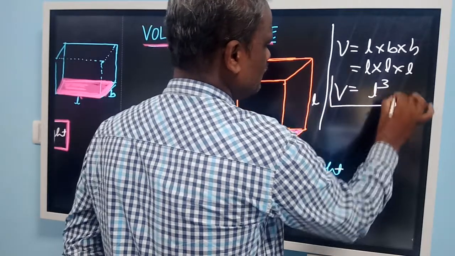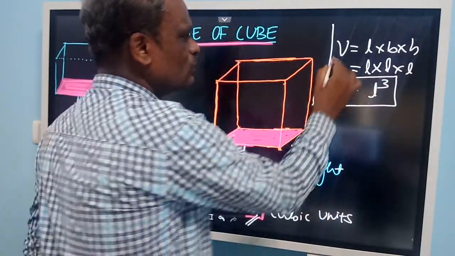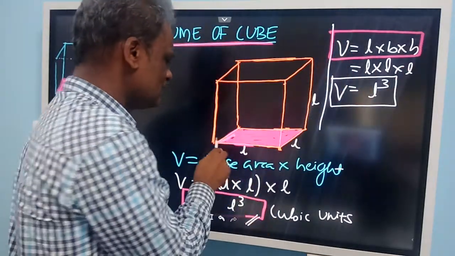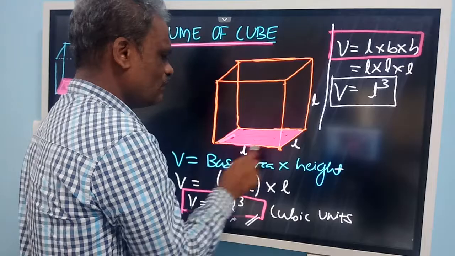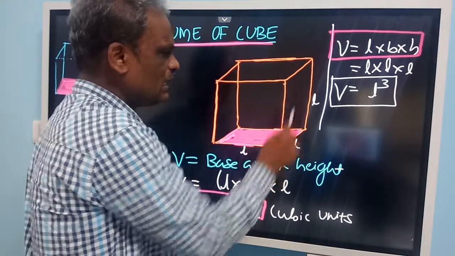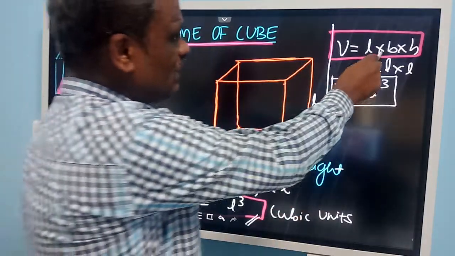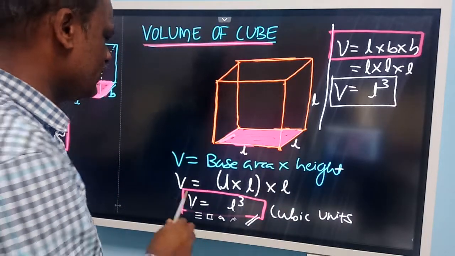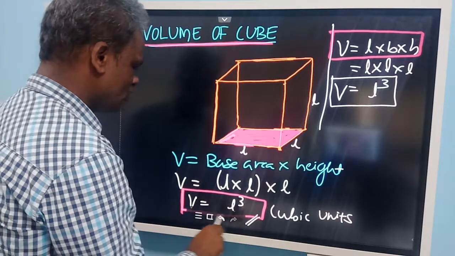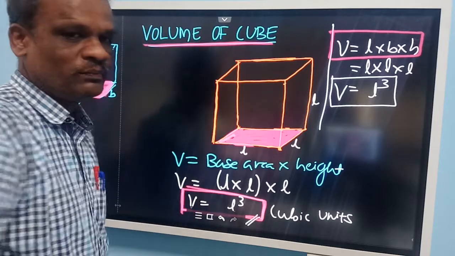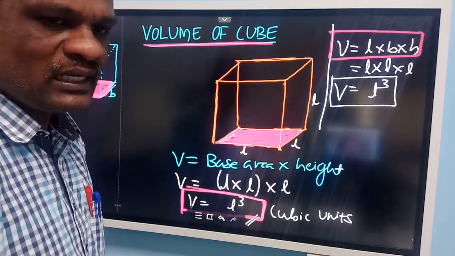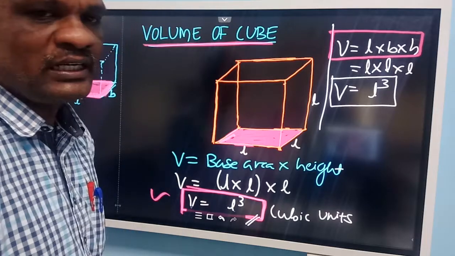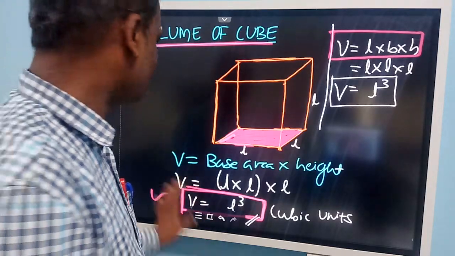You know the formula for the volume of a cuboid, L into B into H. Since all the edges are equal, breadth also L, height also L, substitute that in the formula and you will get L cube. Remember, cuboid is L into B into H, cube is L into L into L, nothing but L cube.